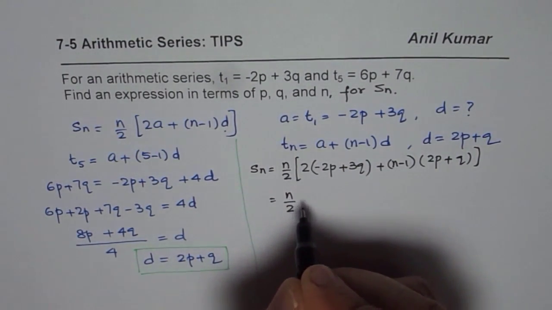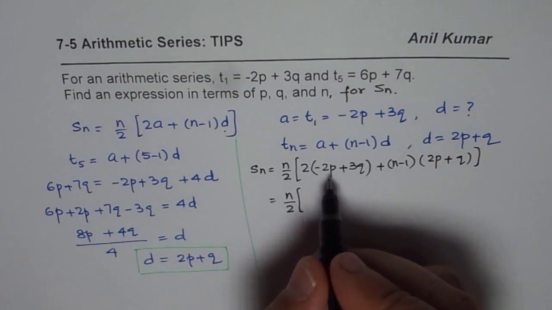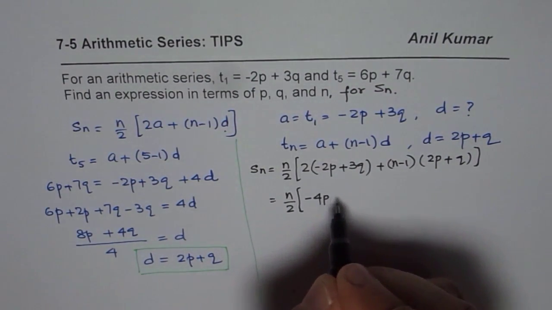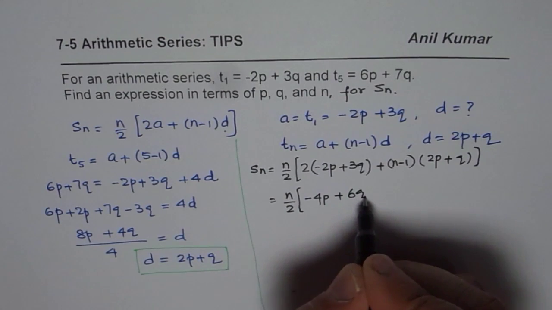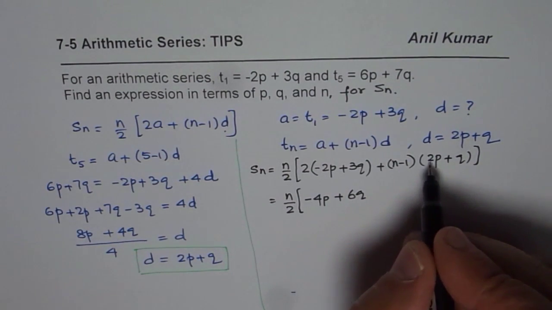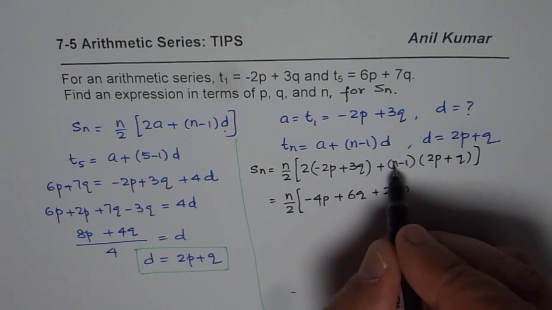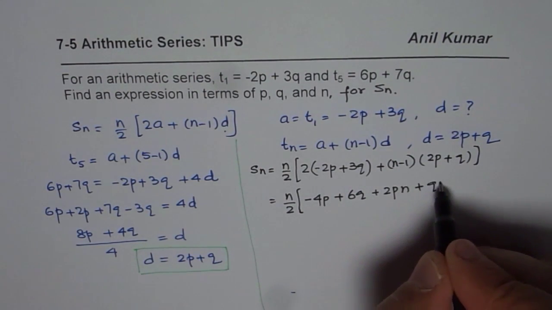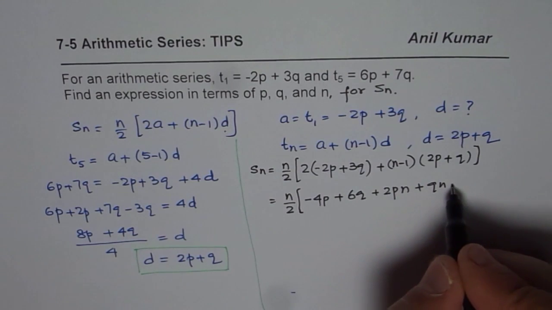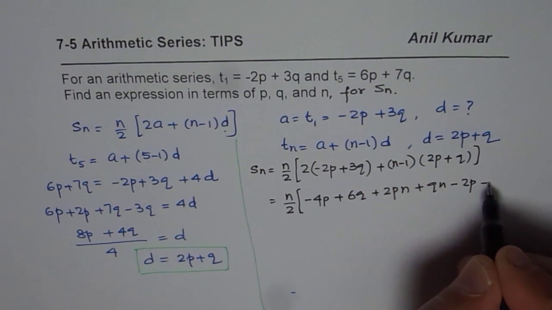We have n over 2, and within the bracket we open the brackets: minus 4p plus 6q, multiplying by n first, we get plus 2pn plus qn, multiplying by minus 1 now, minus 2p minus q.